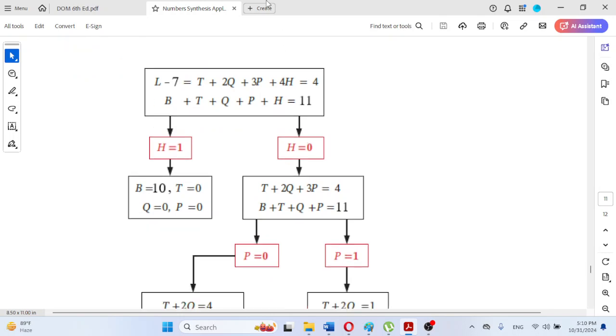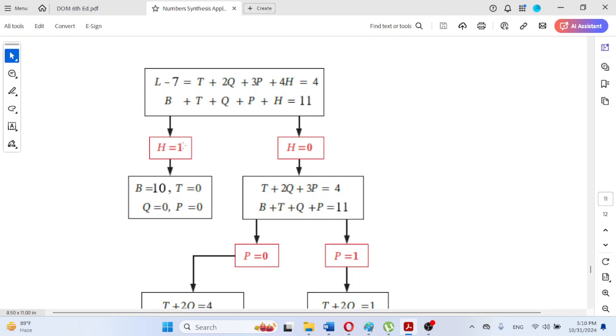In a similar manner, if we observe the first equation, starting from the highest link, which is hexagonal, its count can assume two values, 0 and 1.